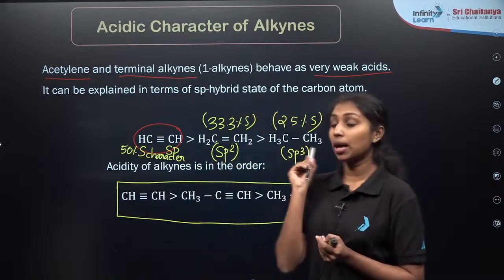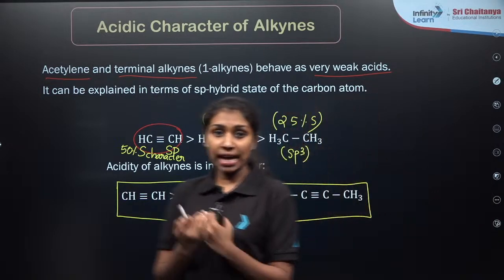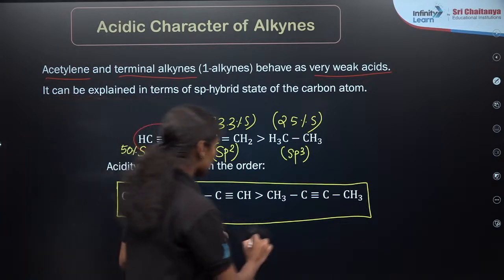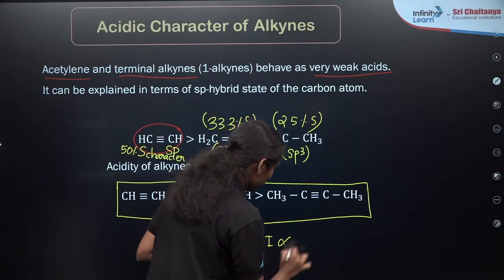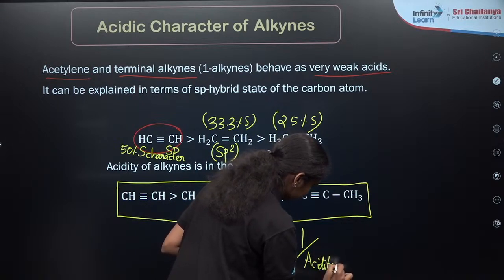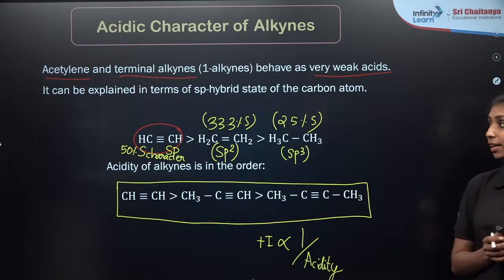Due to the presence of the plus I group, the methyl group, an electron donating group, the acidic character of alkynes decreases here. So plus I effect is inversely proportional to the acidity. Yes, I hope it is clear.